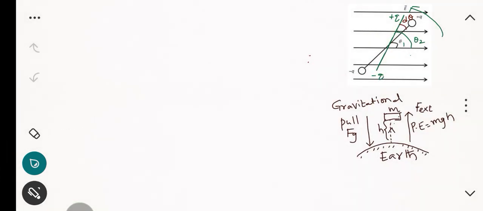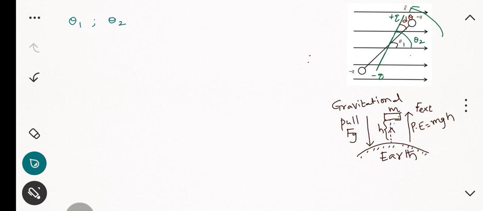Let us consider the initial angular displacement of the dipole is theta 1 and the final angular displacement of the dipole is theta 2.